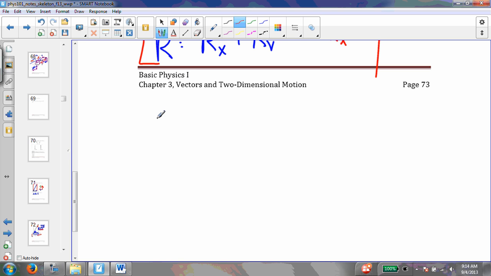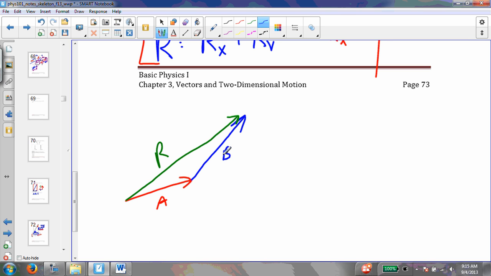So let's say, for example, I have my vector A, and then I have a vector B. And I want to know the vector R. So this is R, this is A, and this is B. R, A, and B. Now, I know that R is made up of certain components.